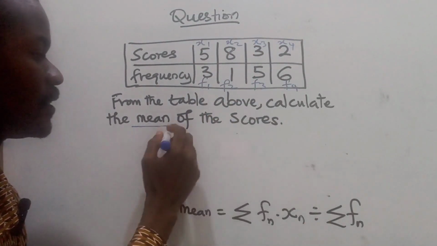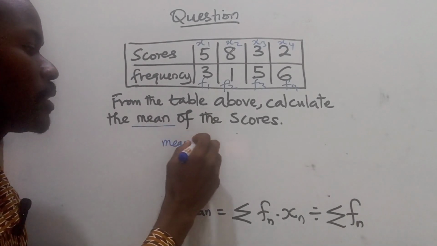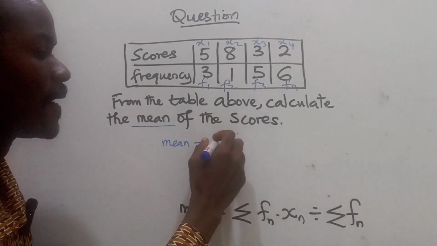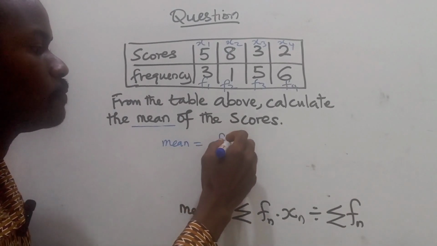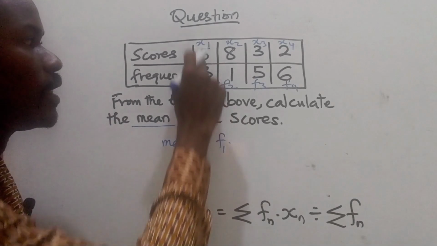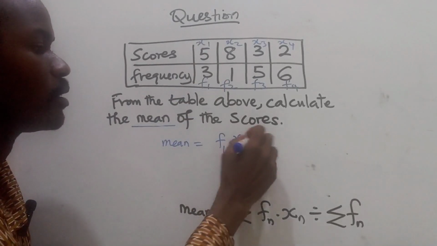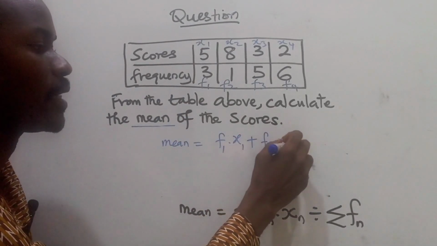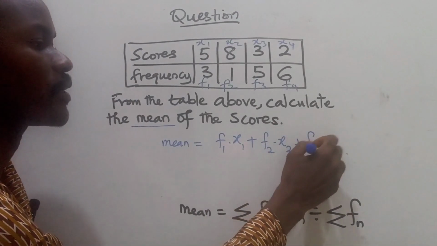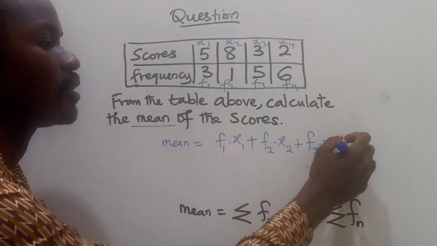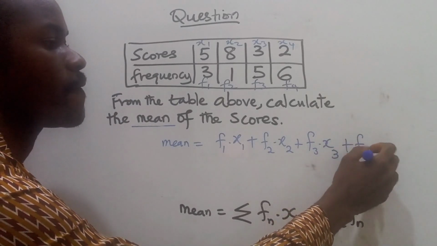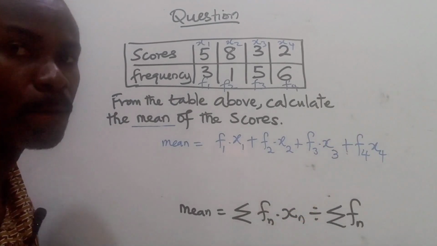So the mean is going to be F1 multiplied by X1, plus F2 multiplied by X2, plus F3 multiplied by X3, plus F4 multiplied by X4.